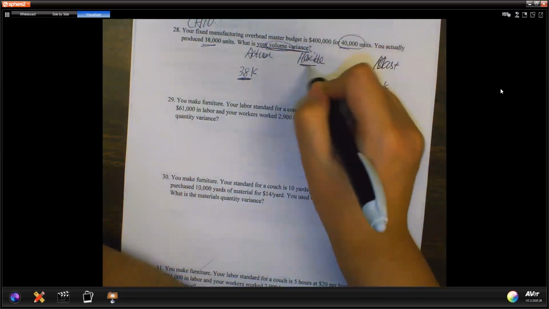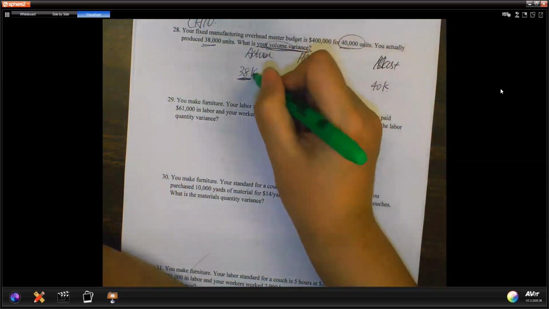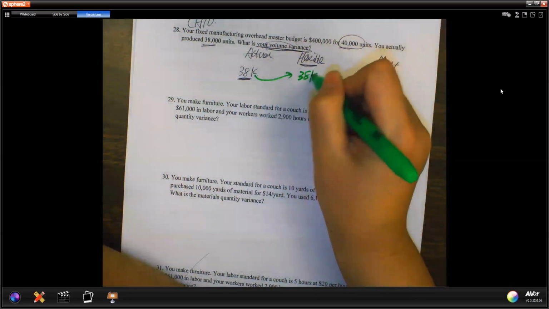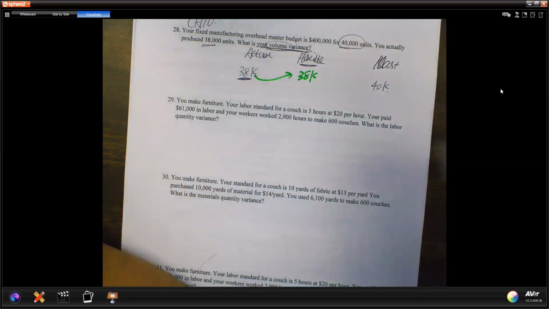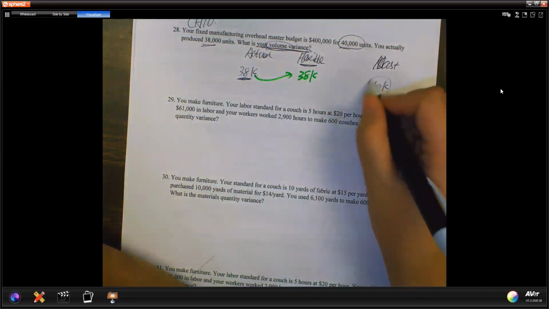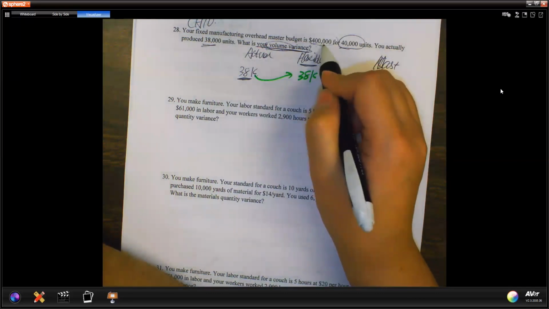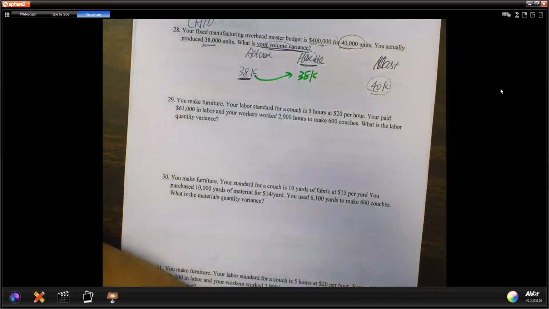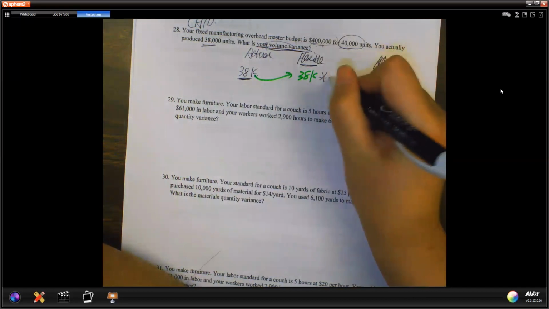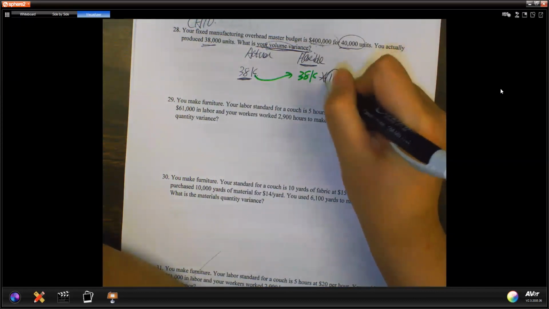So your flexible budget is based on the actual, also 38,000 units. And if it's 40,000 units, it's $400,000. So each unit is $10.